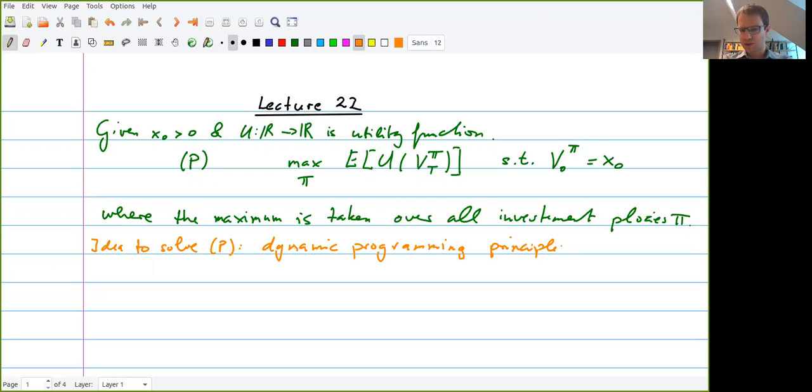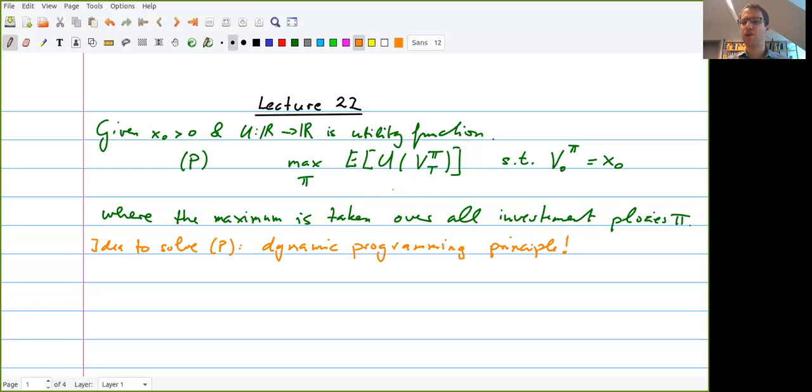So what was it? We discussed it also already last time. Here we have an underlying financial market with T time steps, T trading periods. And in each of these trading periods, we want to decide how to invest. So this is somehow a global optimization problem.